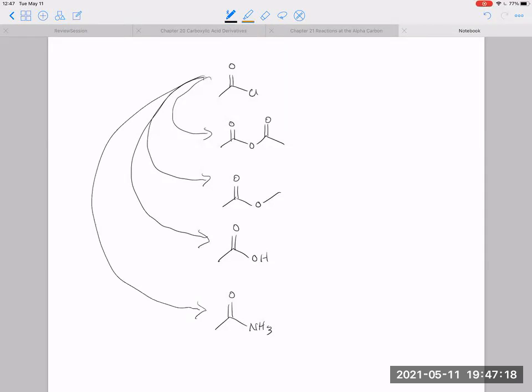All right, so how do we convert between these carboxylic acid derivatives?